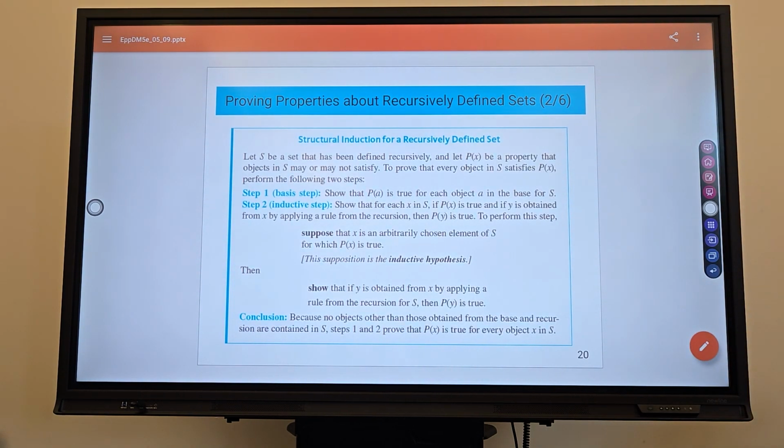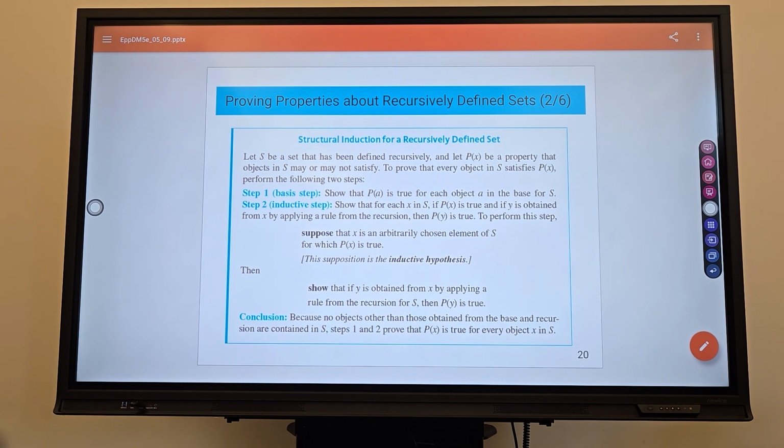Structural induction for a recursively defined set. Let S be a set that has been defined recursively, and let P(x) be a property that objects in S may or may not satisfy. To prove that every object in S satisfies P(x), perform the following two steps.